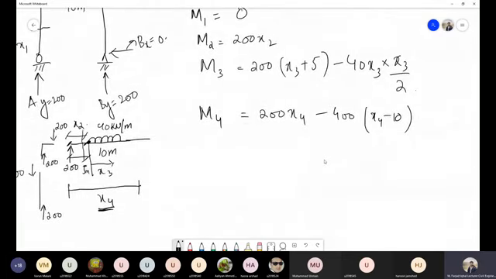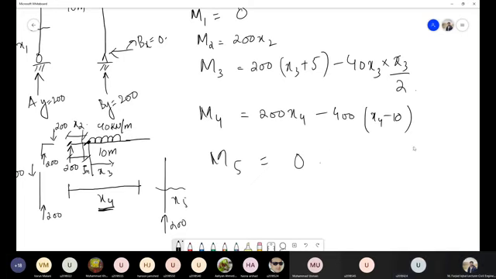So now there is a fifth section as well. The fifth section is over here. There is a load of 200. This is x5. So what will be the moment equation for section 5? 0. So again, that will be 0.